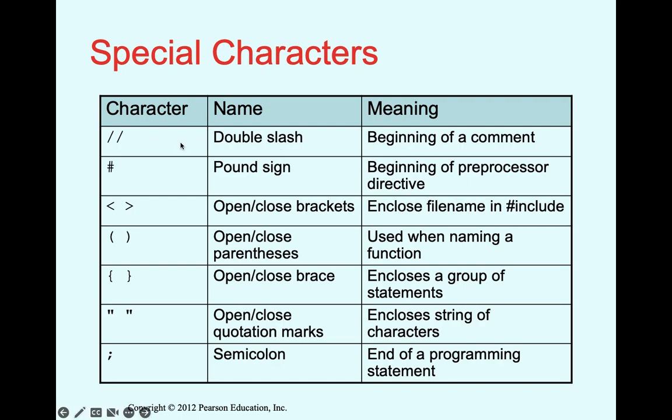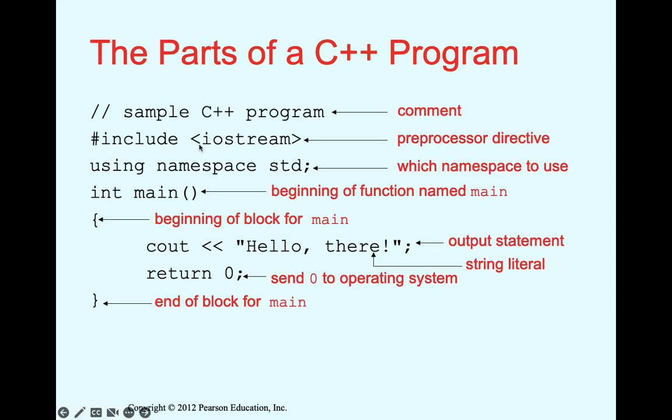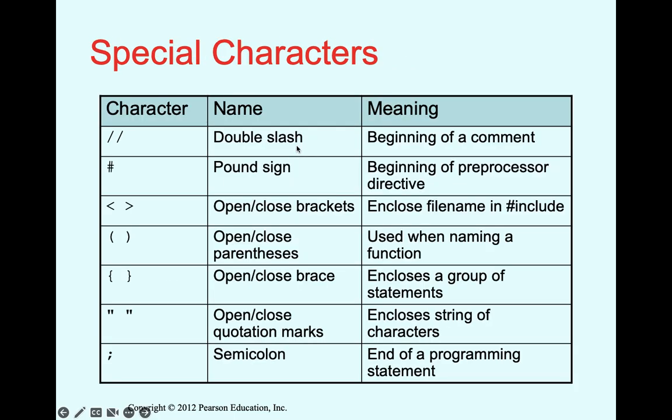So here are the special characters we have. Here // is the beginning of a comment. This hash sign is the beginning of a preprocessor directive. These are open and close angle brackets to include the file name, and I include iostream here. We use that here.